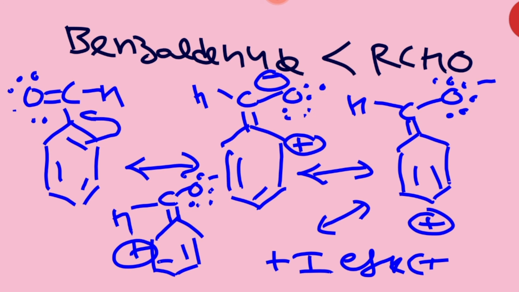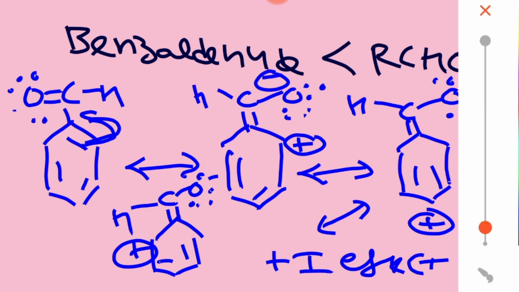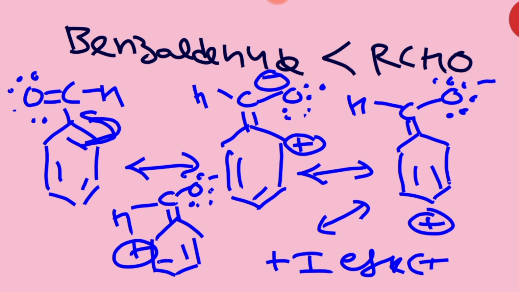So the magnitude of positive charge on the carbonyl group decreases. When the electron is going this side, all of you see there, on this carbonyl carbon, positive charge is going to be decreased. When the positive charge is decreased, it means nucleophilic attack will become difficult.